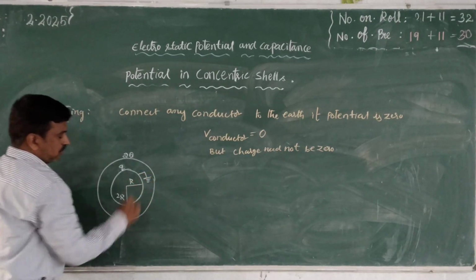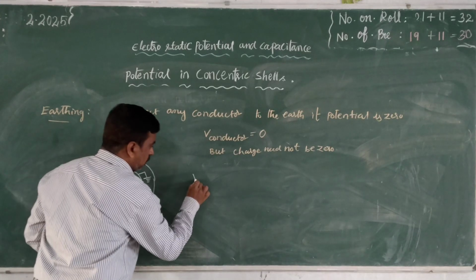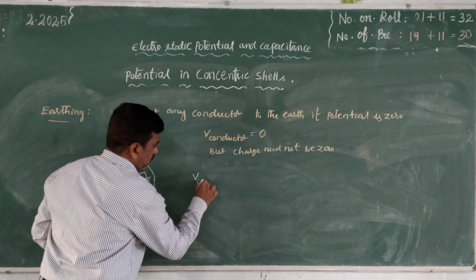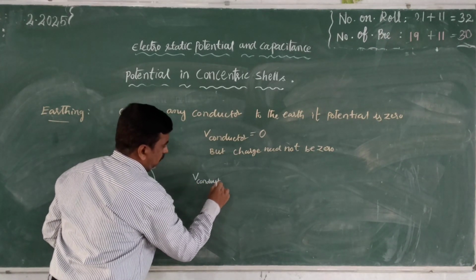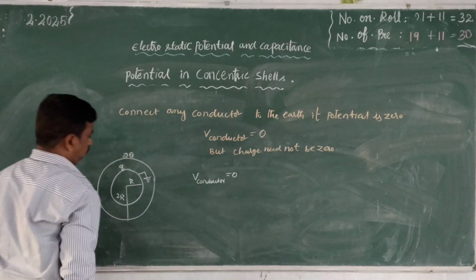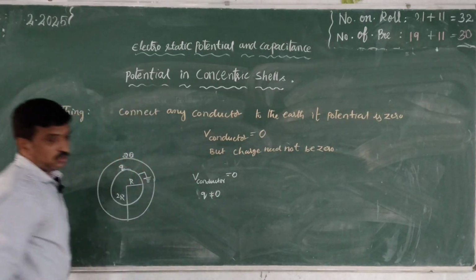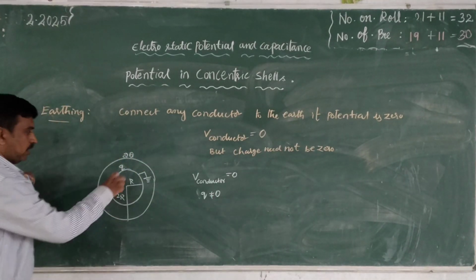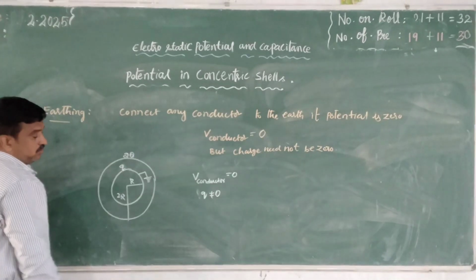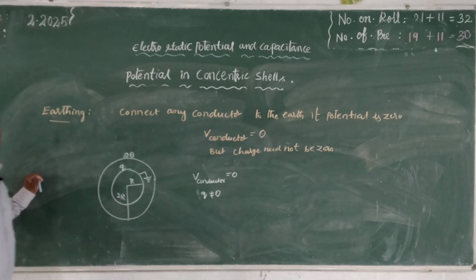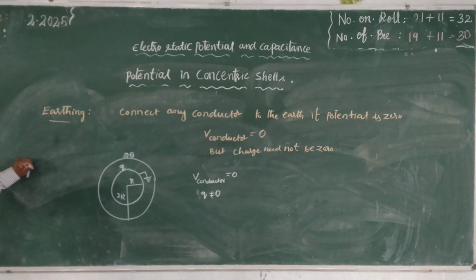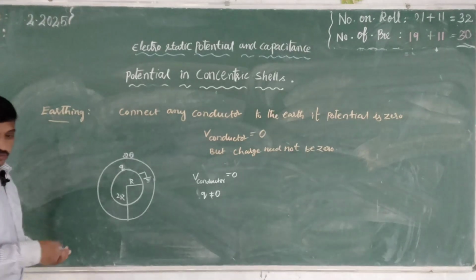The potential on the conductor is zero, but the charge on the conductor is not zero. On conductor A the charge is not zero, only the potential is zero. When any conductor is connected to the earth, its potential is zero, but the charge need not be zero. That is earthing. So according to this we can do the problem.